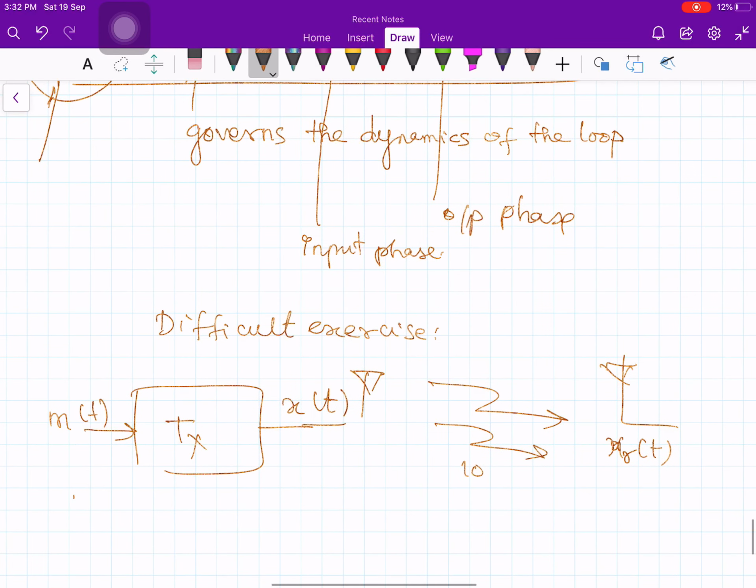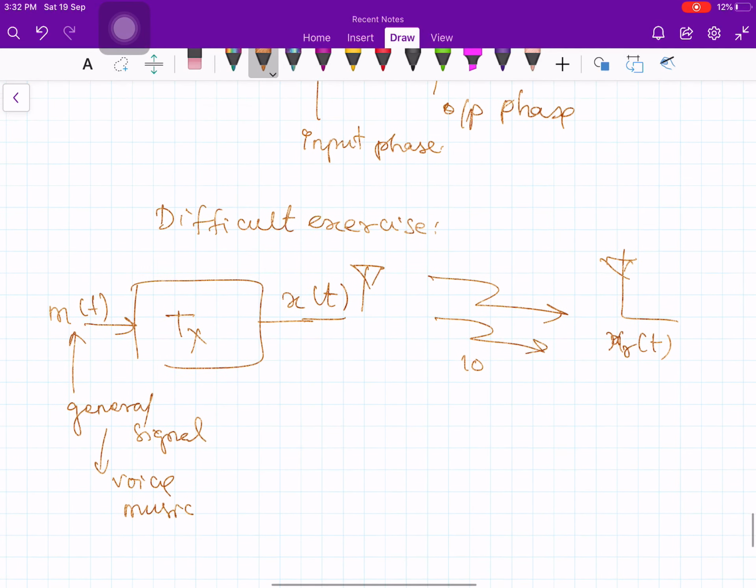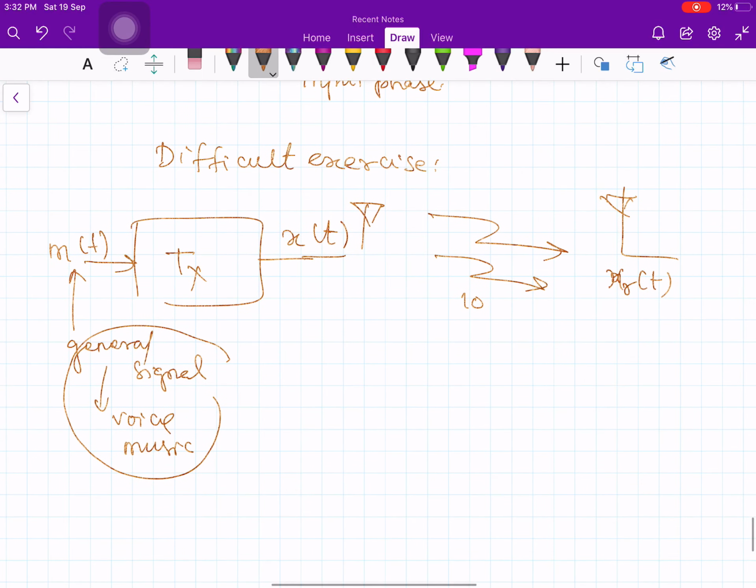Now on the transmitter side I am going to assume this m of t, instead of a general signal. This m of t is a general signal, going to be like your voice, music, speech, like that. But instead of giving this general signal, I am going to give this simple kind of signal, which is proportional to the unit step signal.